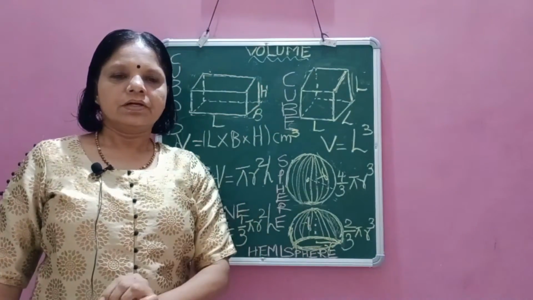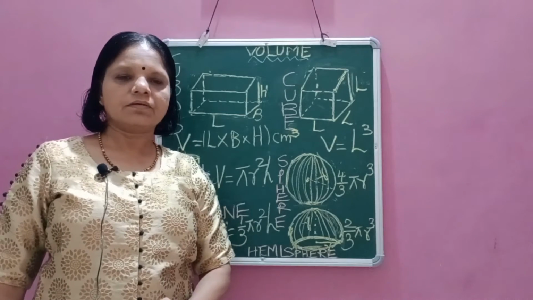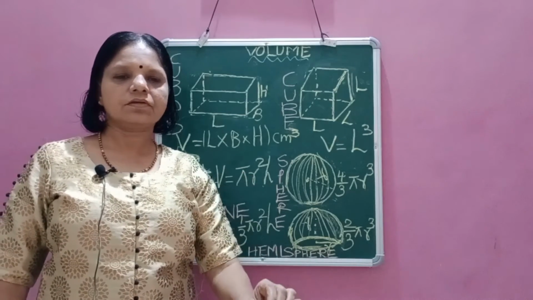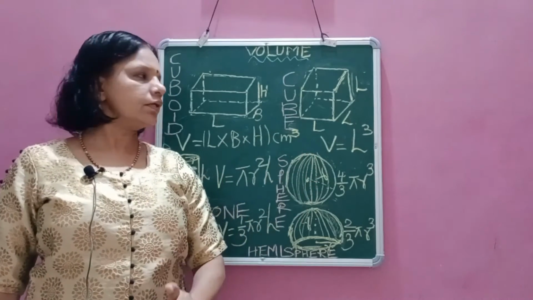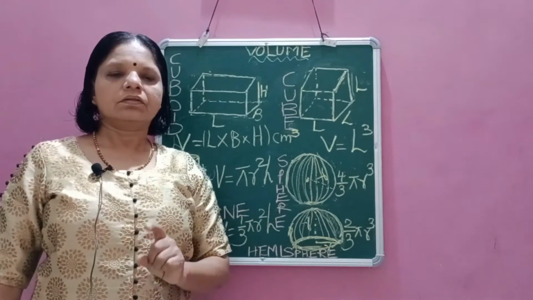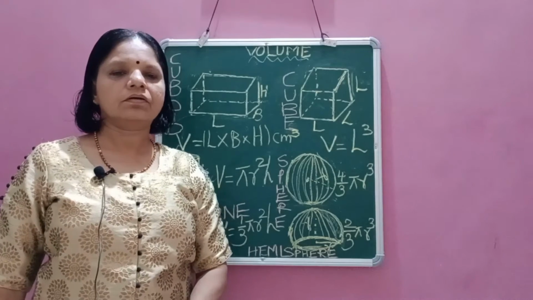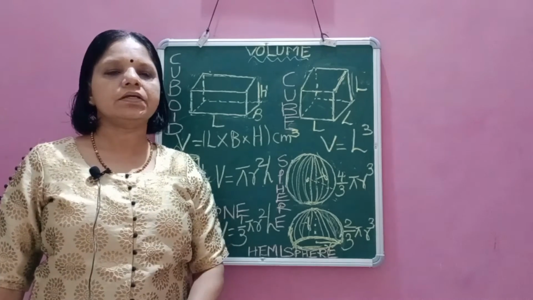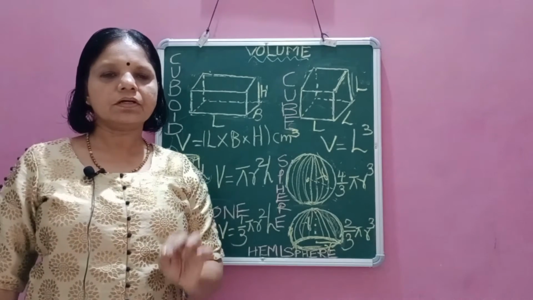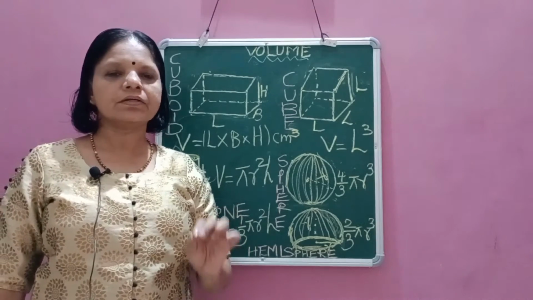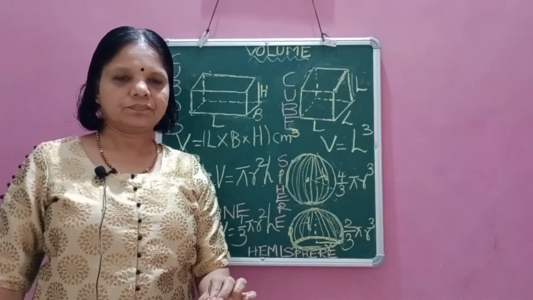So, length is in centimeter, breadth is in centimeter, height is in centimeter. So, repeated multiplication 3 times means what? It will be centimeter cube, or cubic centimeter.